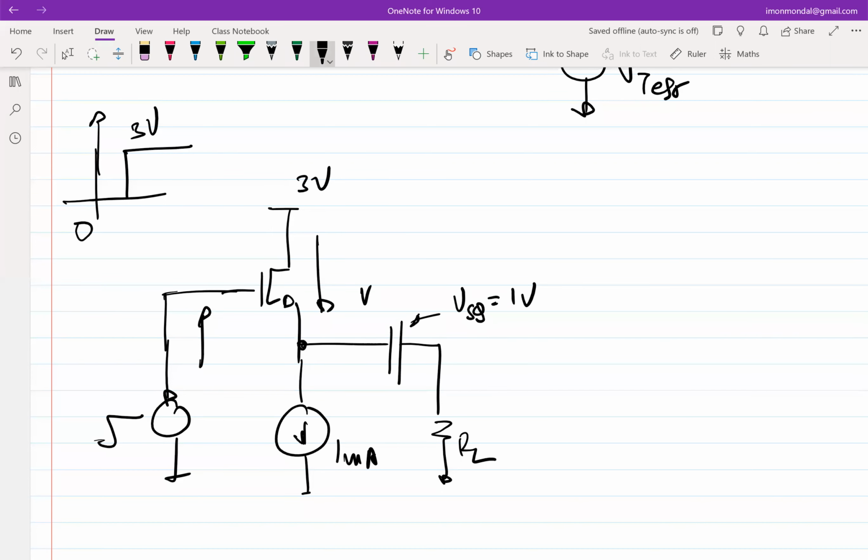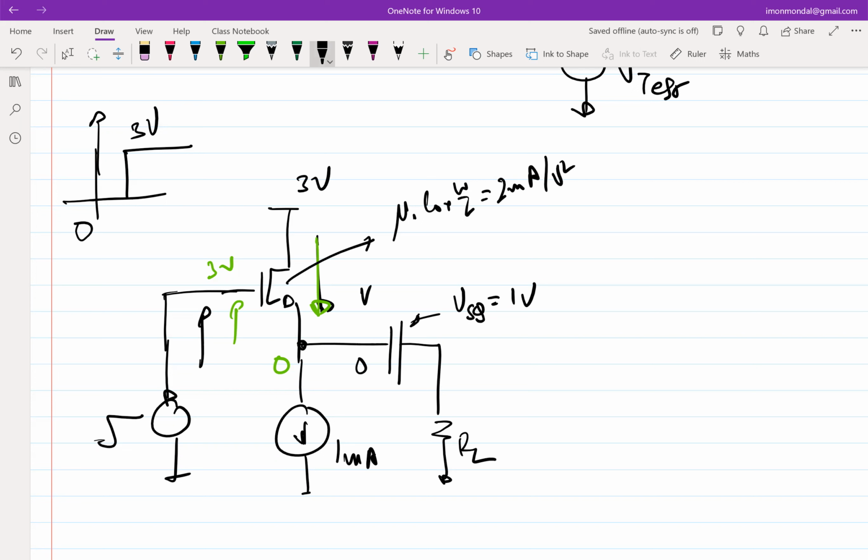The easier way to think about it is this: you put a capacitor here where this voltage was initially 0, and you increment the gate. Then the amount of current that will flow will be more than 1 milliamp, because this was 0 and this is 3 volt. Let's take a number: say mu n Cox W over L was 1 milliamp per volt squared, or let's say 2 milliamp per volt squared.